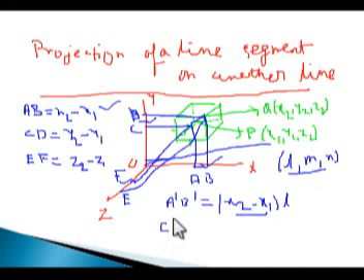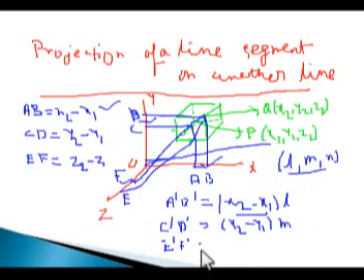In this way, the projected line segment CD's projection on the straight line will be (y2 minus y1) m, and again the projected line segment EF's projection on the straight line with direction cosines l, m, n will be (z2 minus z1) n.